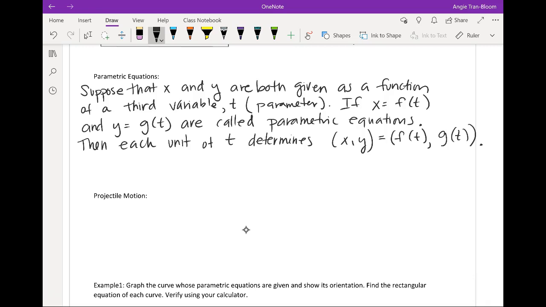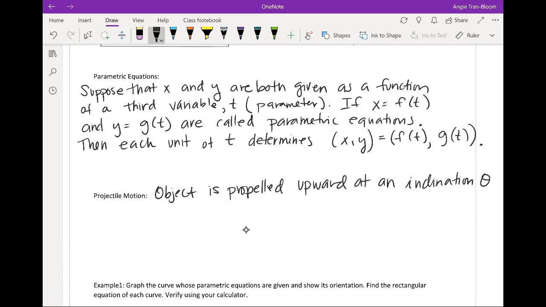Okay. All projectile motions will have some sort of an object that is propelled upward at an inclination. Let's call it an angle theta. So 30 degrees, 45 degrees, whatever angle it sets, to the horizontal, with an initial speed.